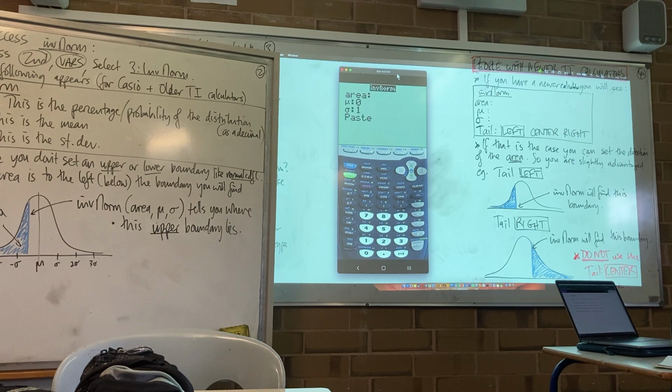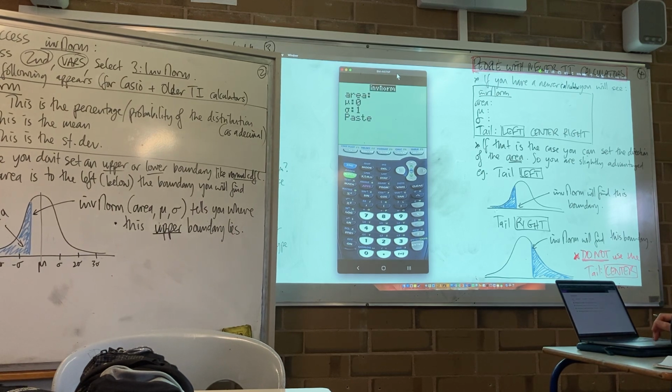So when you open that, if you're on the Casio calculator, you'll see something that says inverse normal, area. What is the area? This is that percentage or probability of the distribution, but as a decimal. So 0.5 would be 50%. This symbol here is the mean. That symbol there, the circle with a little haircut, is the standard deviation. Please notice that I don't get to set upper and lower like normal CDF anymore.